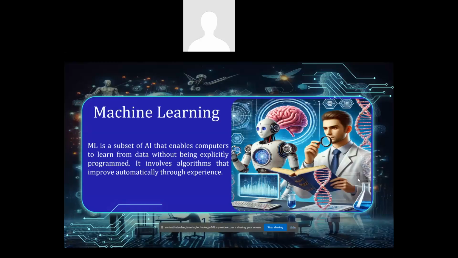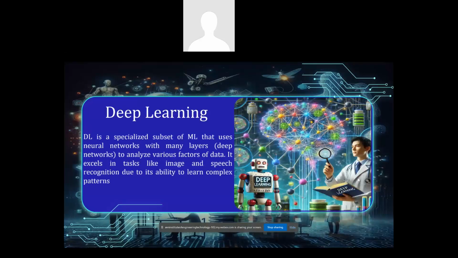It's the same thing we are doing for the machine. That is called machine learning. Then we have deep learning. Inside machine learning we have deep learning and generative AI. Deep learning is one step ahead of machine learning.